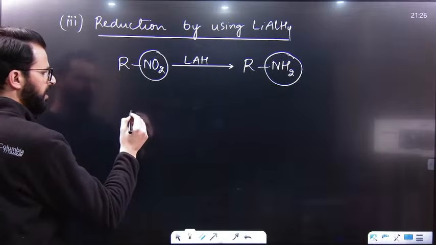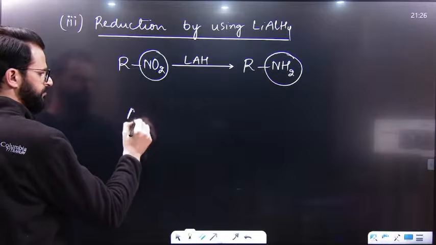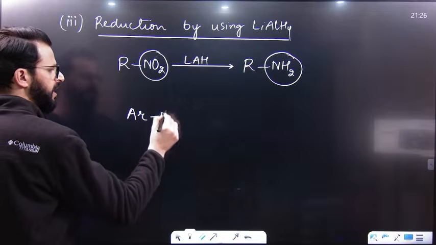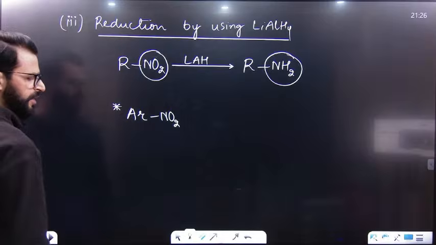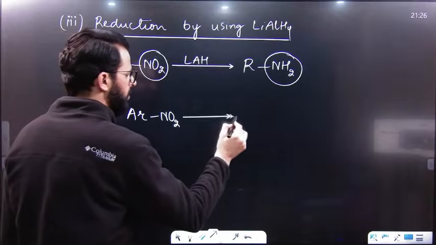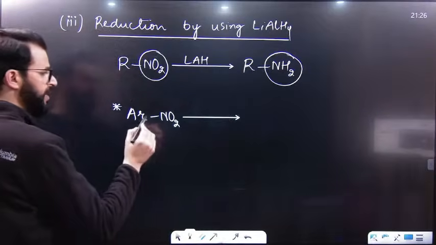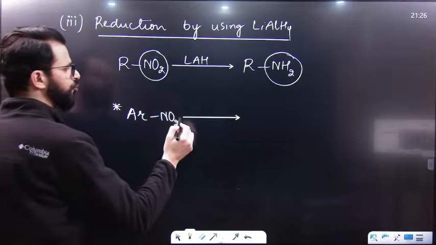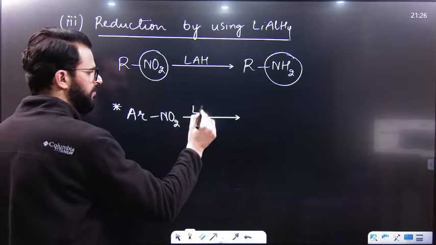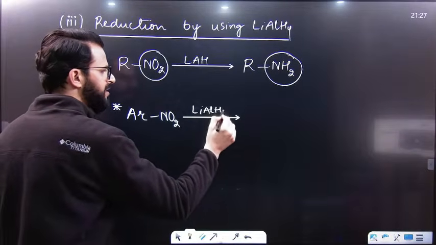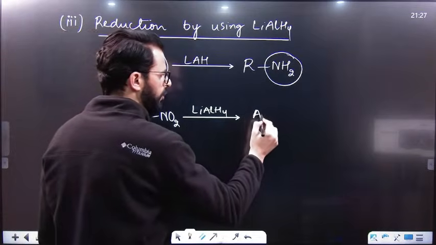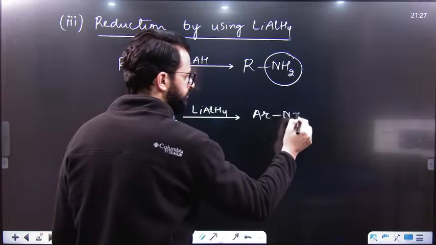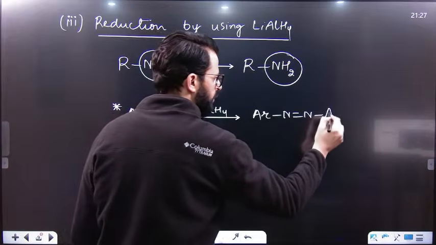But remember, this is very, very important: if you treat an aromatic nitro compound with lithium aluminium hydride, it cannot form amine. Instead of that, it will form this one.